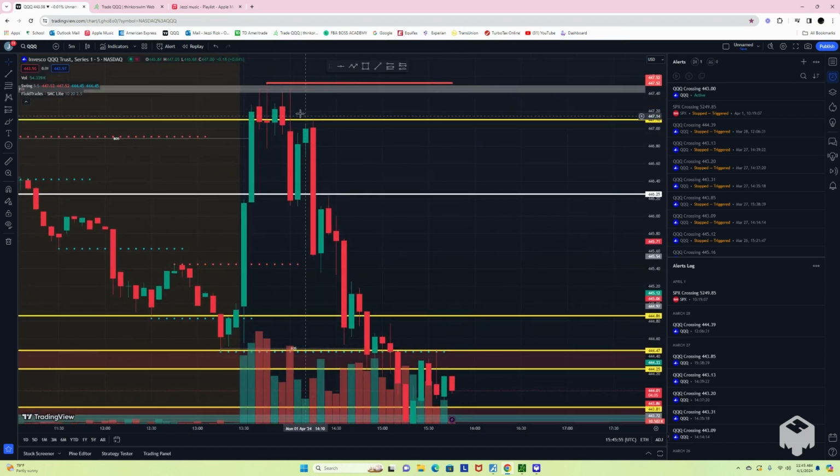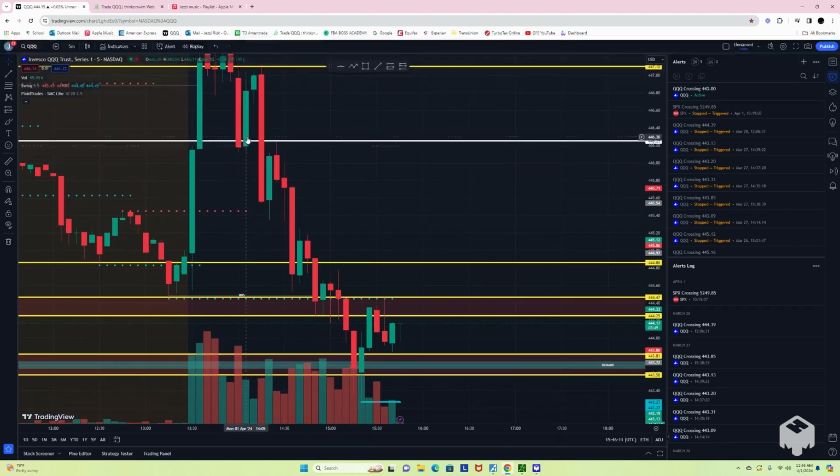And if you see previously, right before the big drop, the price used this resistance zone as a support. Came up, hit this level, dropped. Same thing here. It used this level as a support, broke it, retested, uses it now as a resistance.